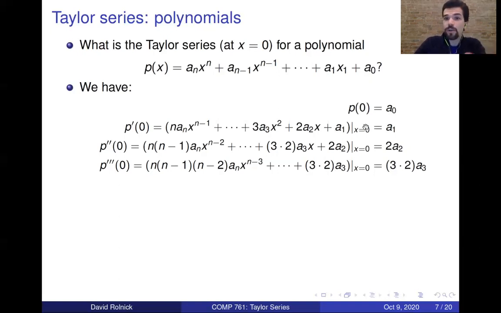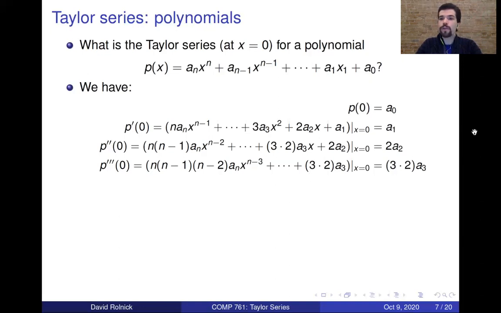Notice that it's really easy to evaluate what a polynomial is at 0. You just take whatever the constant term is, because all the other terms cancel out. So here you have a0, a1. The next one becomes 2a2, because you took the derivative of a2 times x squared twice.